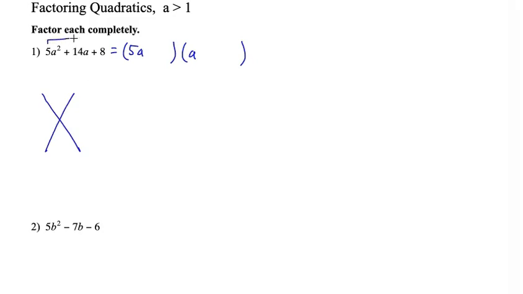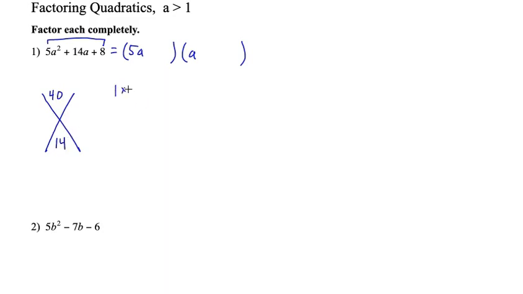Now, when we make the diamond problem, when a is greater than 1, we start by multiplying that coefficient of a squared by the constant. So in this case, 5 times 8. That number goes on top of the diamond problem, and then we'll put the 14 on the bottom. So here we need two numbers that multiply to make 40 that have a sum of 14.